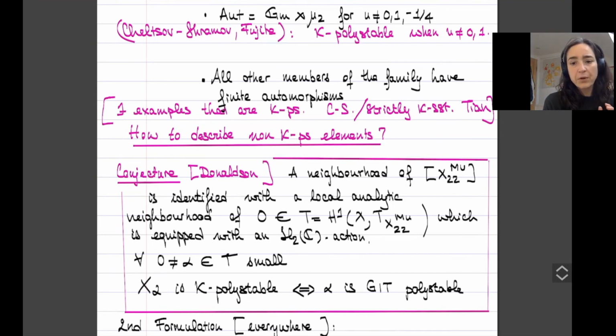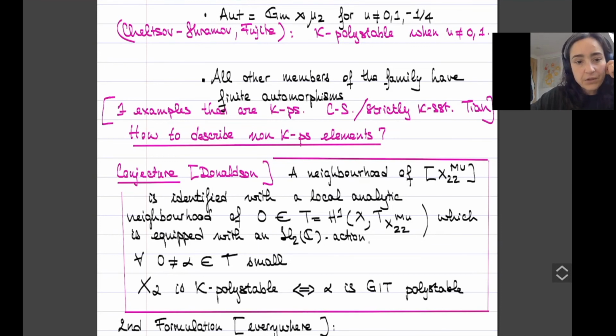So here, a neighborhood of this point in moduli should be identified with a local analytic neighborhood of 0 in essentially the tangent space to the universal deformation space of the Mukai-Umemura threefold. So this is H1 of X, T_X.